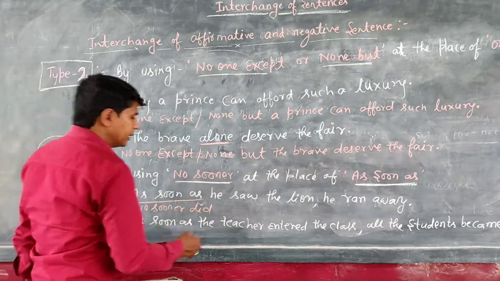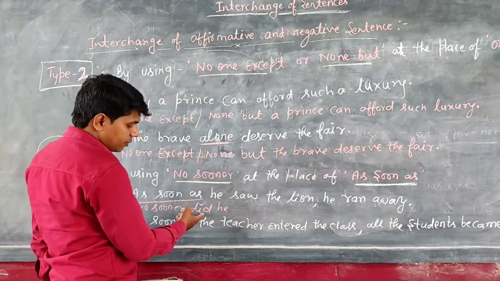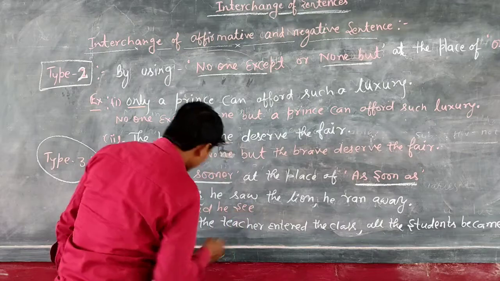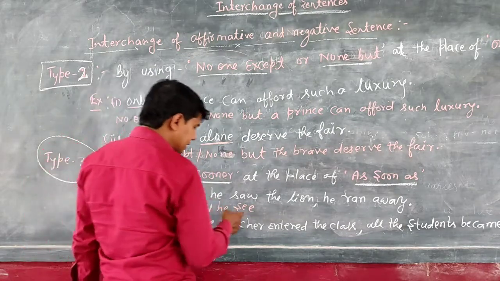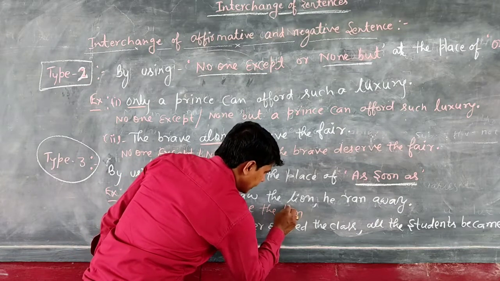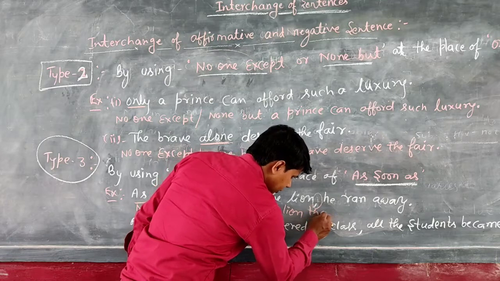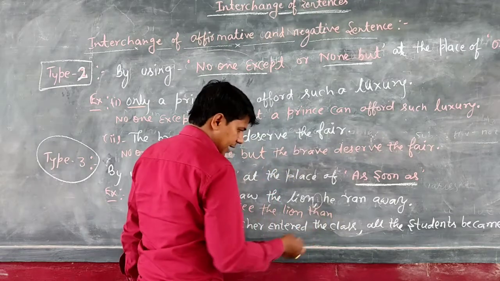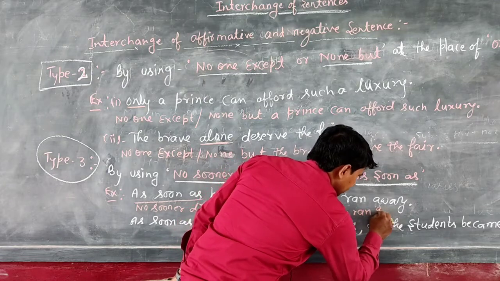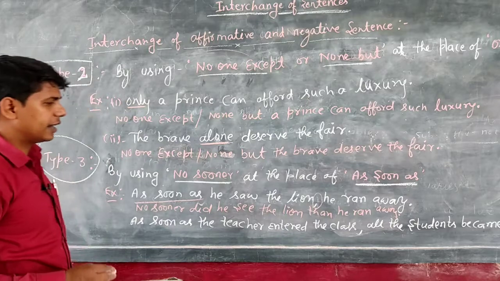No sooner did, then we use the subject he, and here you know when we use the helping verb did, then we use the first form of the verb see. No sooner did he see the lion, at the place of comma we use the conjunction than. Then he ran away.